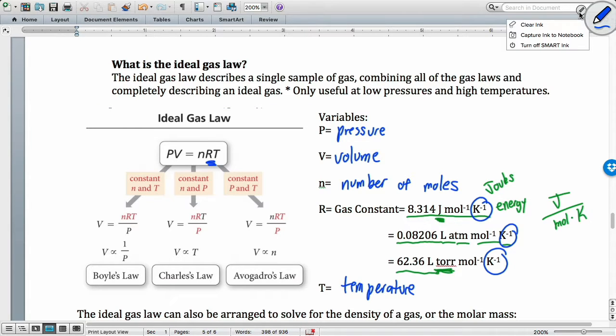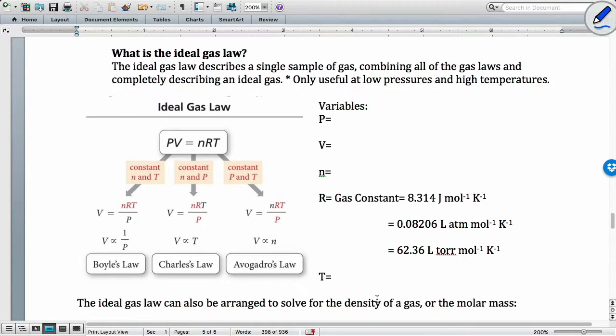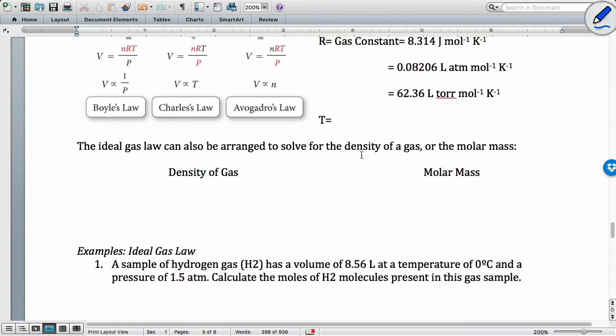Okay, now you can actually rearrange the ideal gas law to solve for the density of a gas or the molar mass. Remember how density is mass per volume, okay? Mass over volume. How we use this is we relate the mass to n, the number of moles. So the mass, you can think of as the number of moles multiplied by the molar mass, okay?